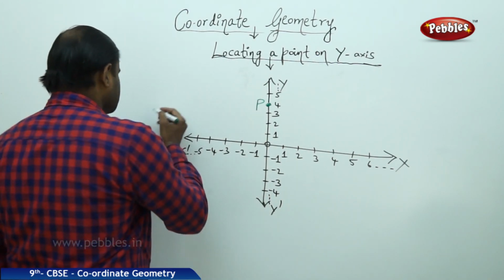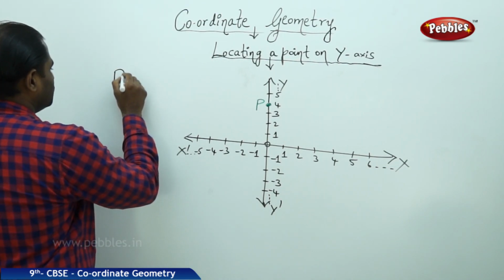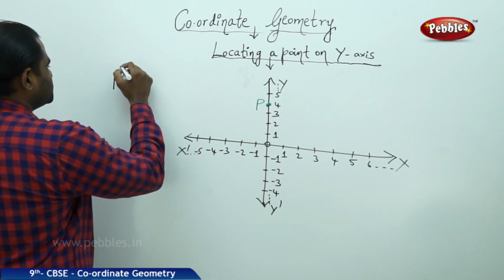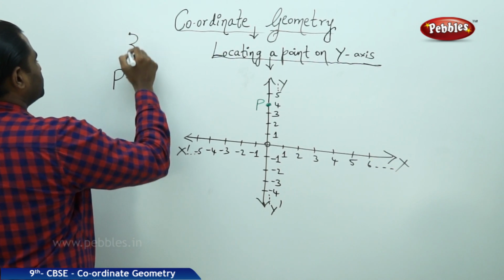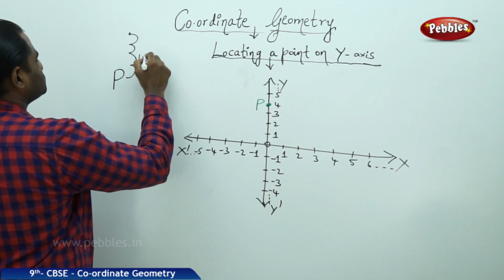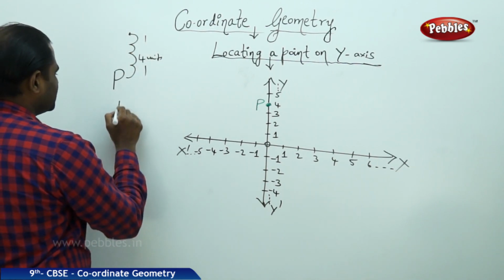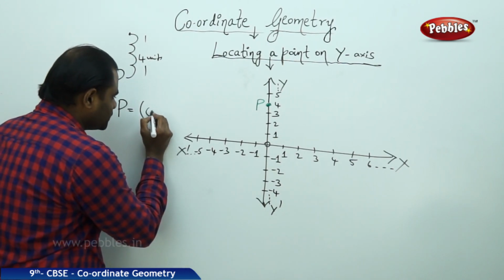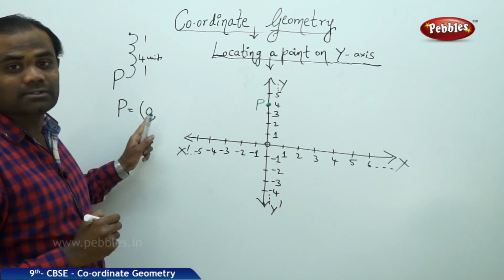Therefore, the coordinates of P, which jumps 4 units to the top with no change in x, clearly show that its x coordinate does not change, so its initial value, which is 0, remains the same.